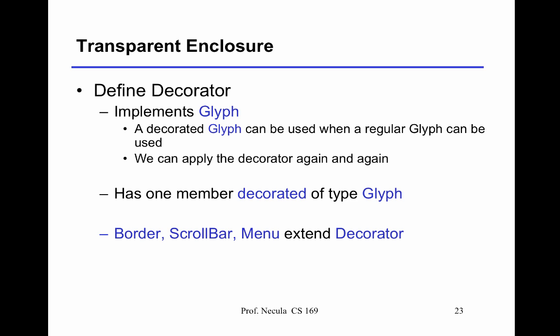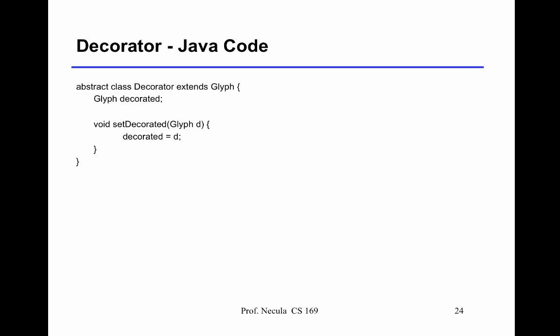But furthermore, not only does it decorate glyphs, a decorated glyph is also a glyph itself, which means it can be put in lines, in columns, in pages, and so on. So we're going to write a class border that extends decorator, scroll bar extends decorator, menu extends decorator, and decorator itself extends glyph. In terms of code, it's going to look a little bit like this.